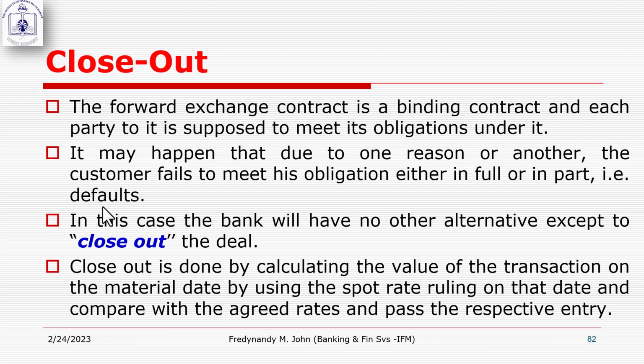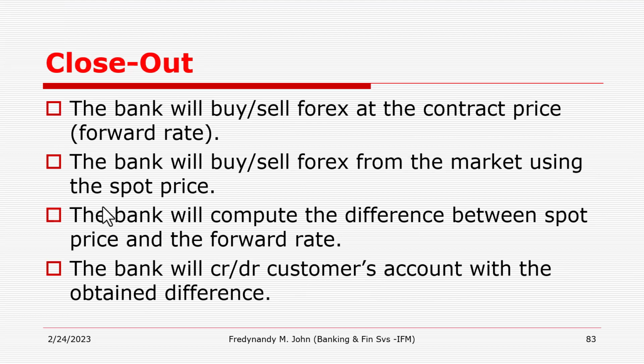The closeout of this contract is done by calculating the value of the transaction on the maturity date, using the spot rate ruling on that date and comparing with the agreed rates on the contract, and then the banker passes entries respectively. So, in summary, the bank will buy.